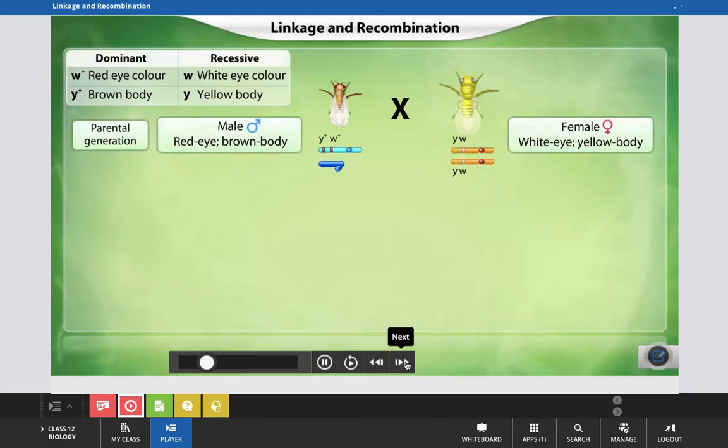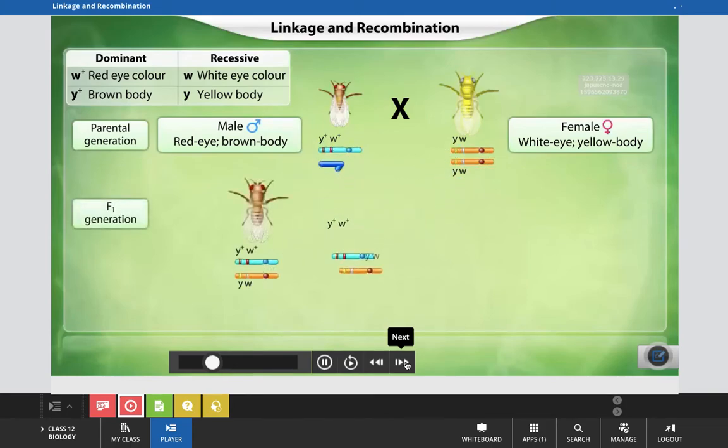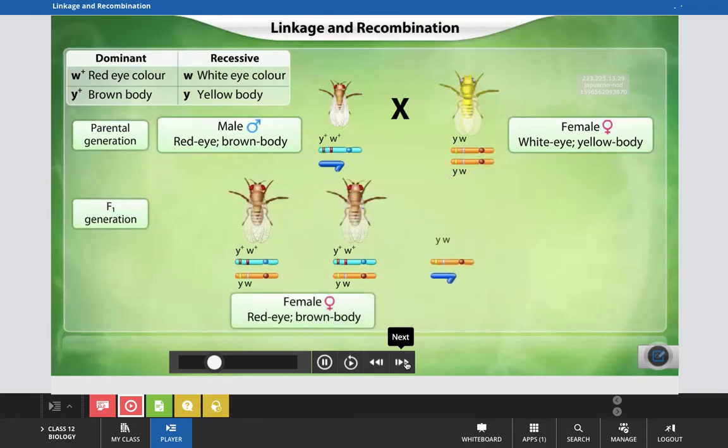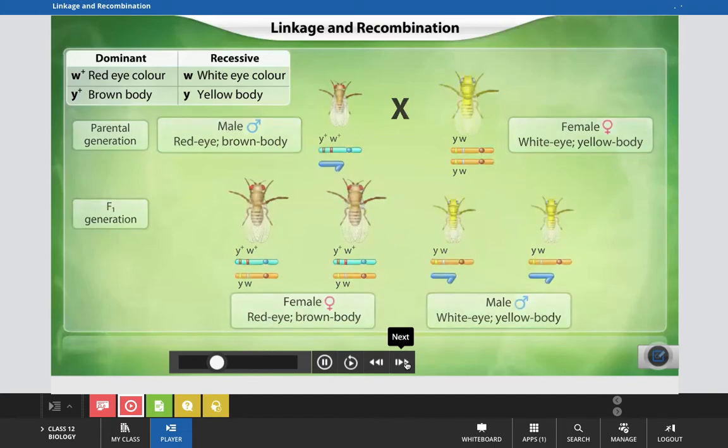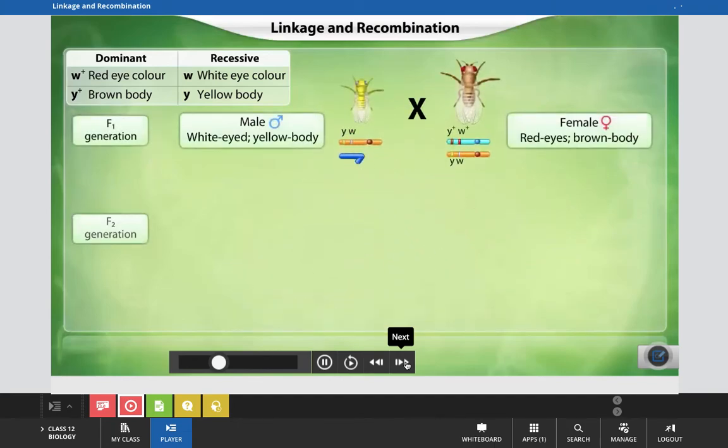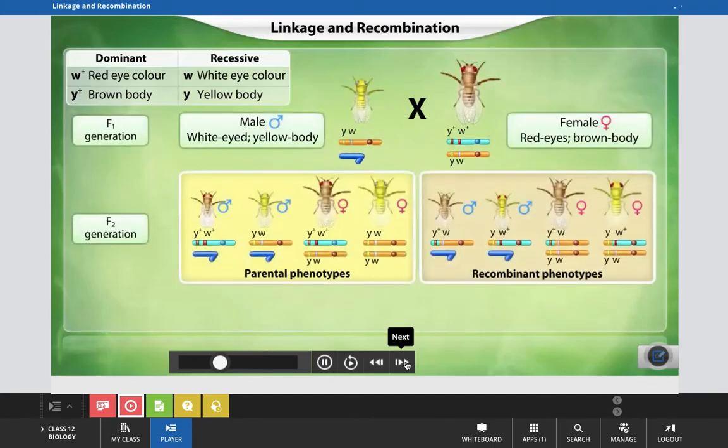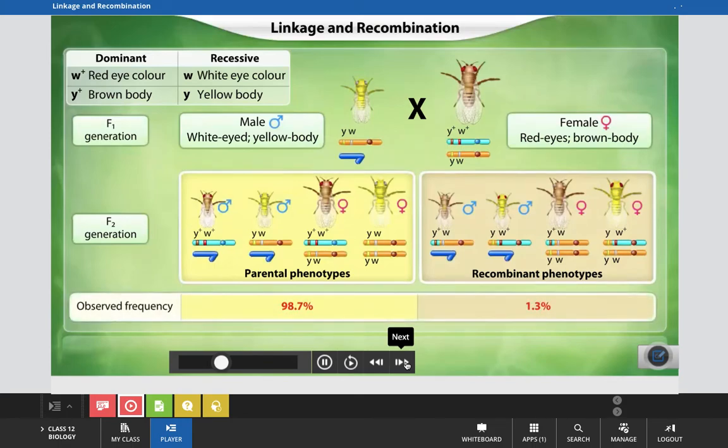Yellow body and white eyes are recessive traits. In the F1 generation, the frequency of parental traits was 50%. In the F2 generation, again, the parental combinations were more frequent than the recombinant traits.